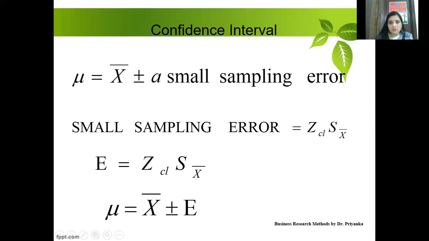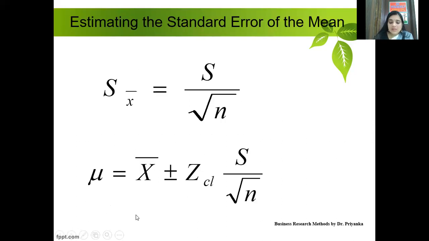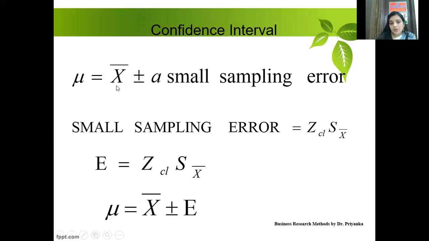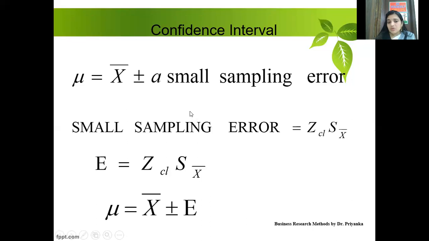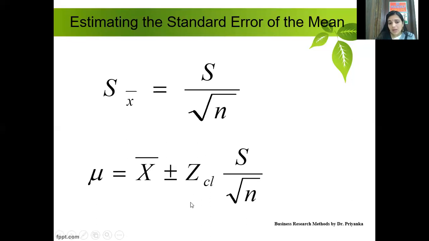We have discussed the formula. So mu here is equal to X bar plus minus error, and this error is equal to this. So we can write it this way as well. S on X bar is calculated this way, so we will introduce the formula of S on X bar into the equation in this way.